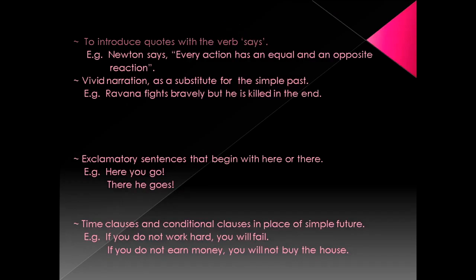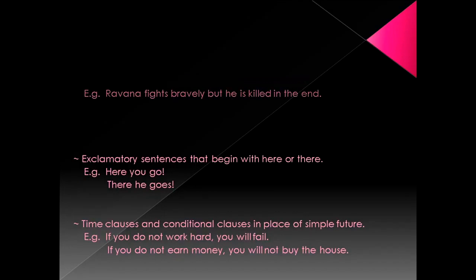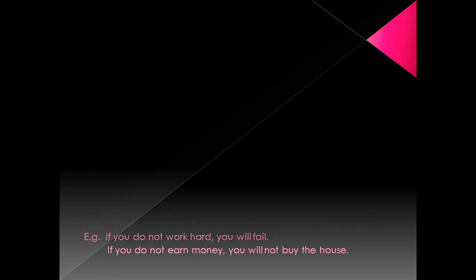Next example, if you do not earn money, you will not buy the house. Again, the condition is if you do not earn money. So what will be its result? You will not be able to buy the house. So these are the examples where simple present tense is used.